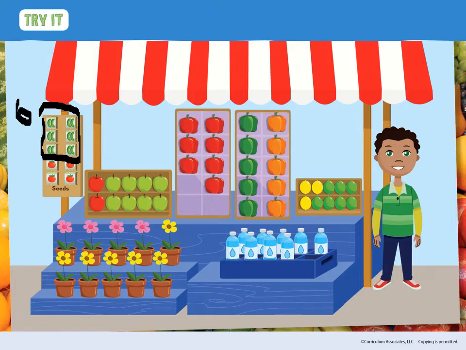And then how many tomato seeds did you see? That's right, 4 packs of tomato seeds. Did you count 10 in all? So did I. So the 2 smaller parts that made up that whole group of seeds were 6 and 4, and that made 10.